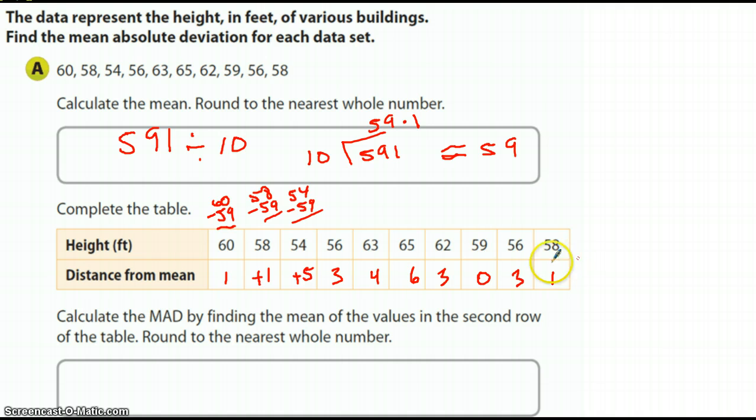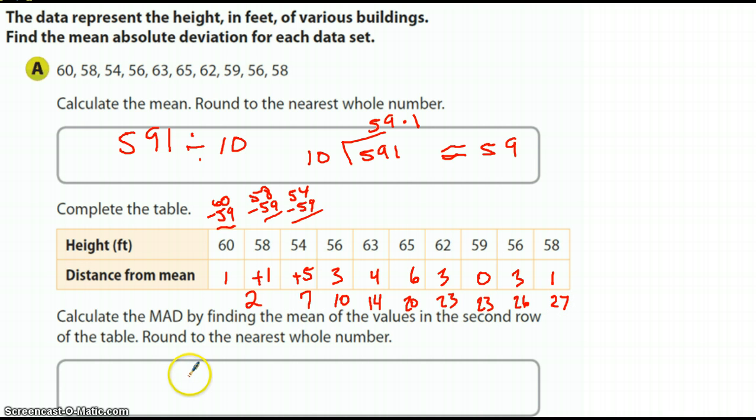So if we add 1 plus 1, that's going to give us 2, and 2 plus 5 will give us 7, 7 plus 3 will give us 10, 10 plus 4 will give us 14, 14 plus 6 will give us 20, 20 plus 3 will give us 23, 23 plus 0 will remain 23, 23 plus 3 will give us 26, and 26 plus 1 will give us 27.